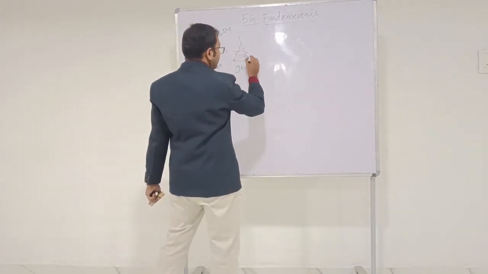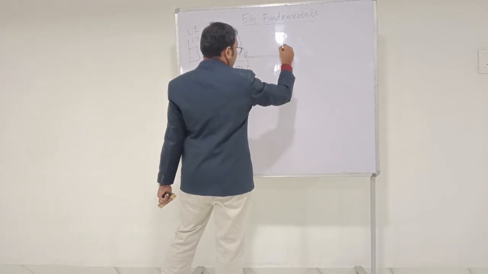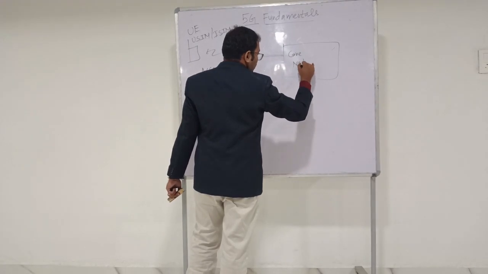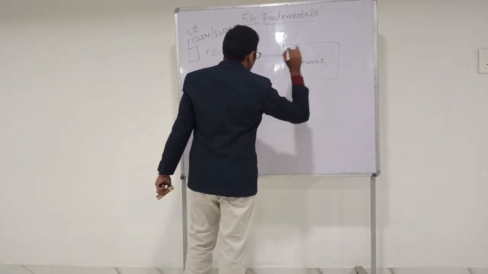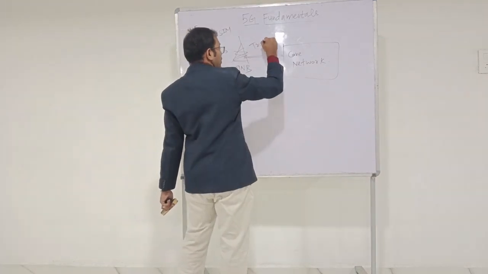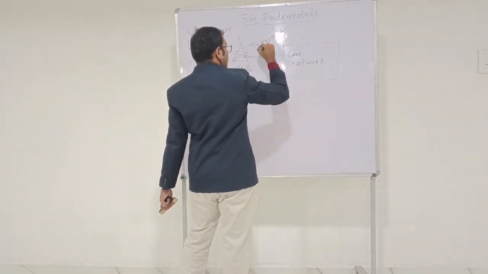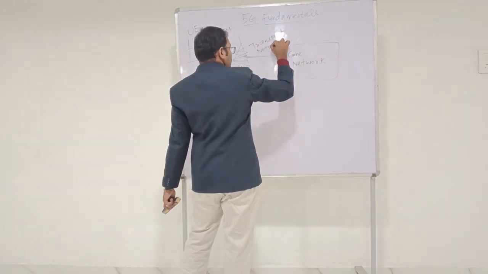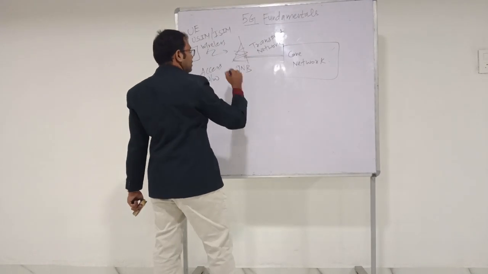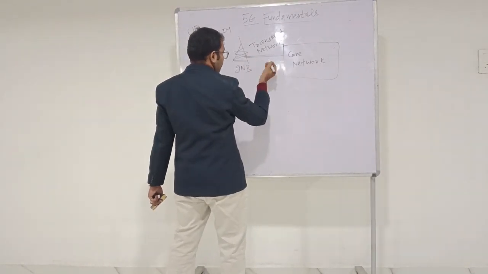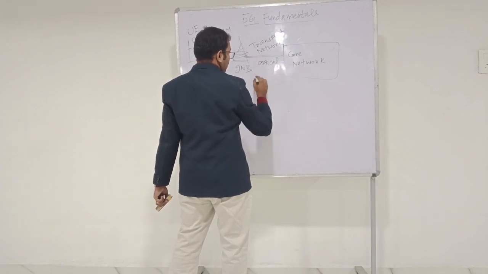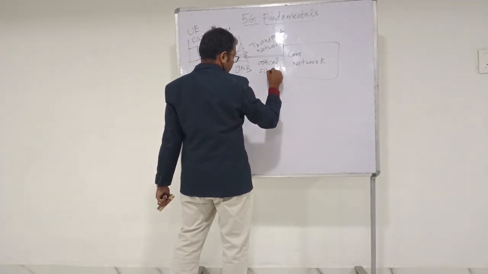The gNodeB in turn is connected to the core network, and the connection between gNodeB and core we call the transport network. This is basically a wireless interface, and this is basically a wired interface, probably an optical fiber connection.